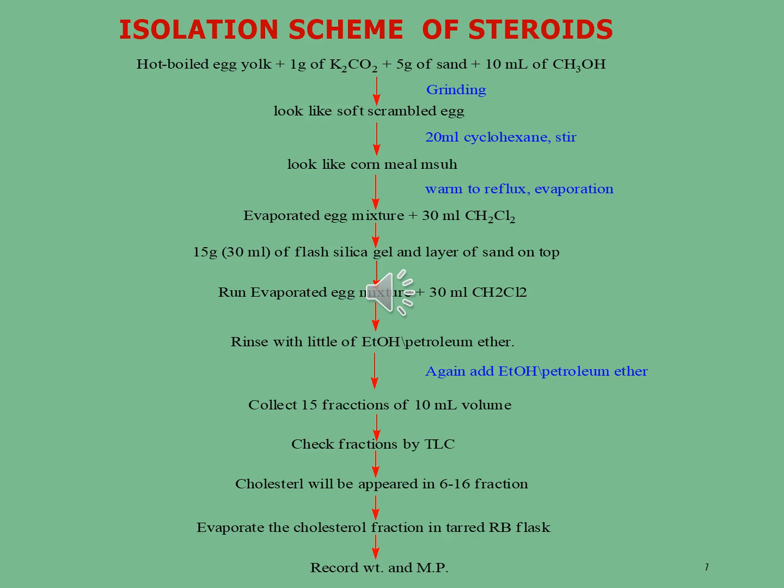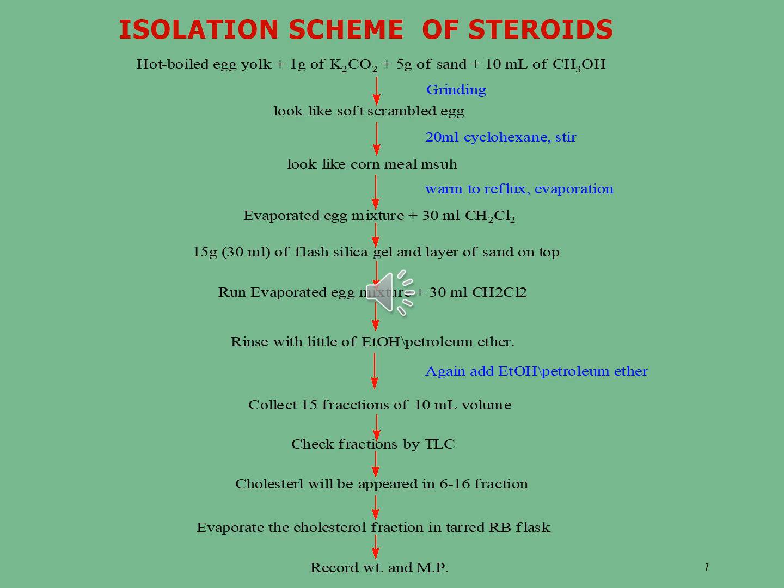In this way, from the column chromatography, we get a total of 15 fractions, and each fraction has a volume of 10 ml. Now each fraction is subjected to thin layer chromatography for the identification of the pure compound as well as for the presence of steroid molecules. So the cholesterol will be spread into fractions 6 to 16.